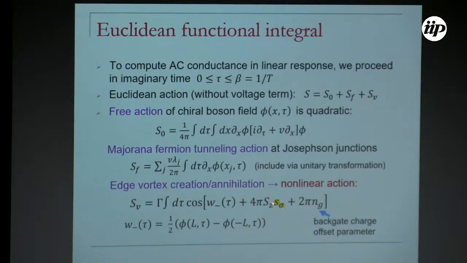So it contains this topological spin, this S sigma equal to 1/16. And finally, there can be a shift due to a backgate charge offset parameter, because you could have a backgate where you can tune the desired number of particles or electrons on the central island. And so this is tunable by some backgate voltage. So that's the problem we have to tackle. And because it's a nonlinear problem, it's not so easy.